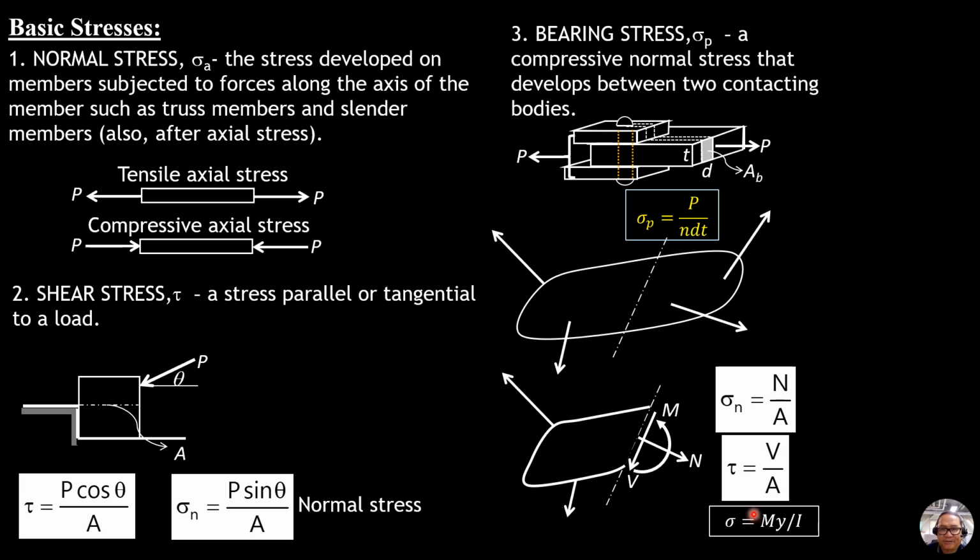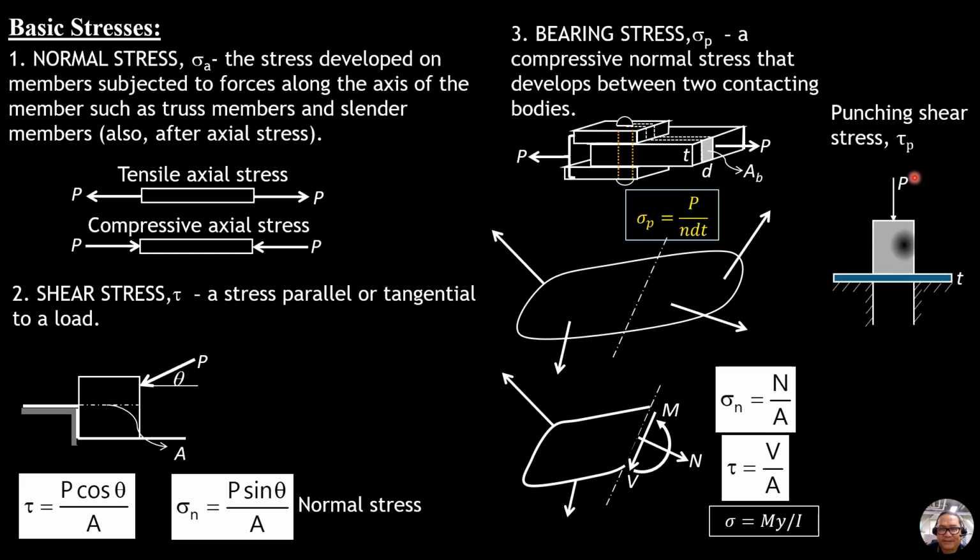Then another concept on stress is the punching shear stress, and we will call that tau sub P. If you have a puncher of diameter d and the punching force is P, and this is the plate, it may be a coin-making puncher.